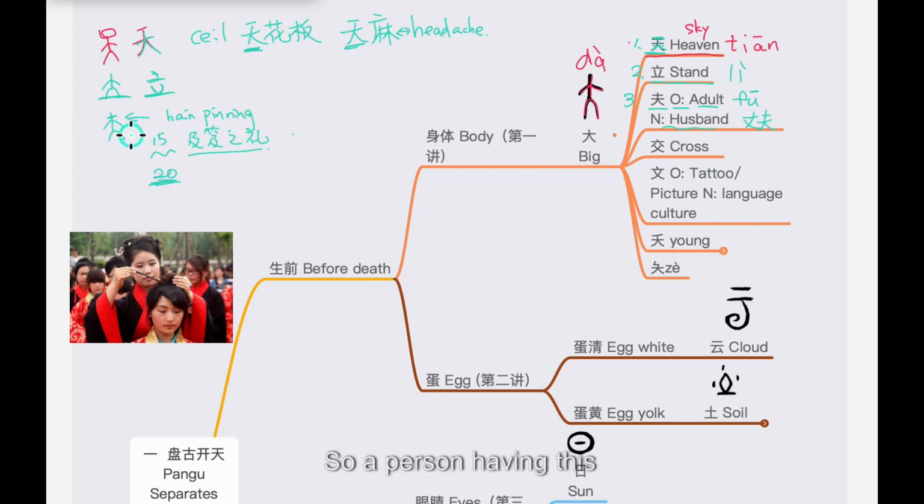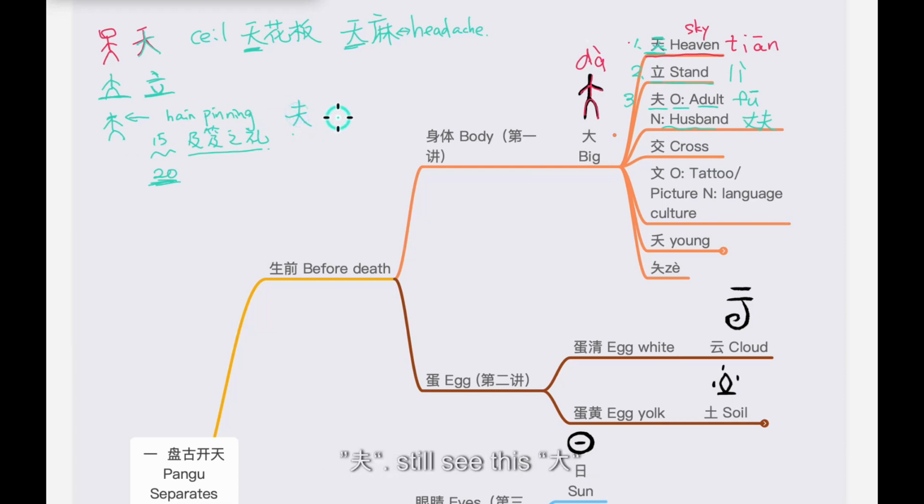So a person having this hairpin means he or she is an adult now. And we write it like this. 夫. You can still see this da, right? Da is hiding here, and you have this hairpin. And li. See, da is here.